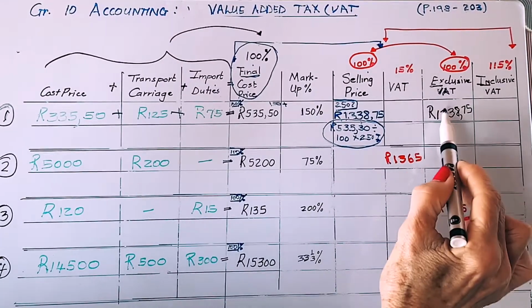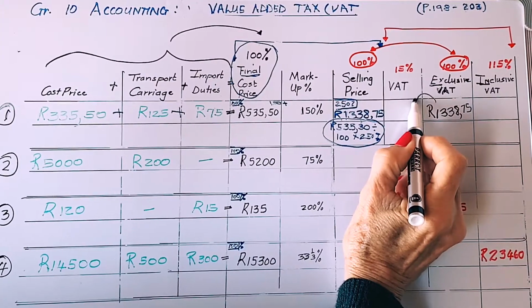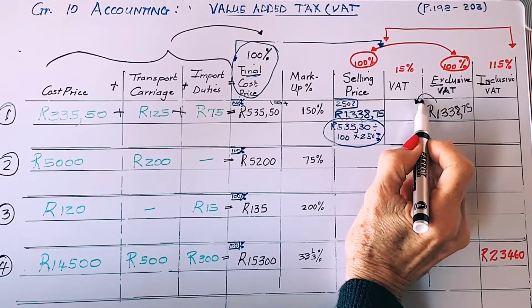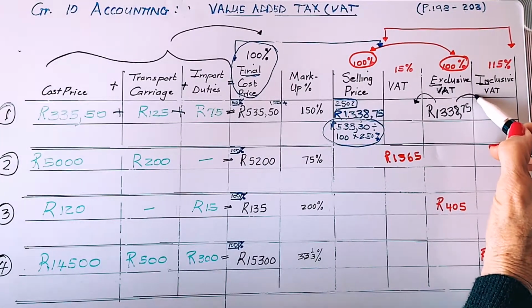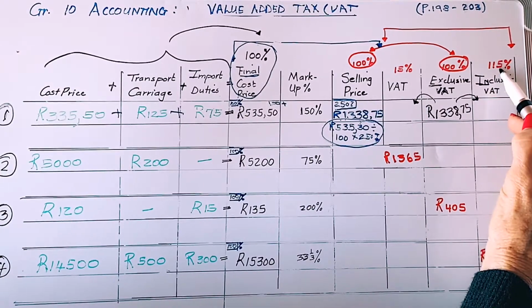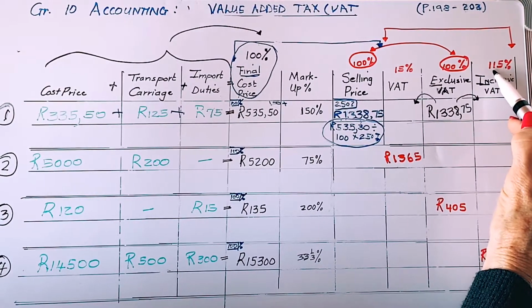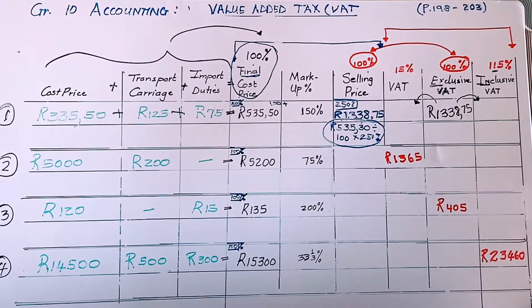So on that amount, I will now calculate 15% to get my VAT amount, and I will use the percentage value of 115% to do this.